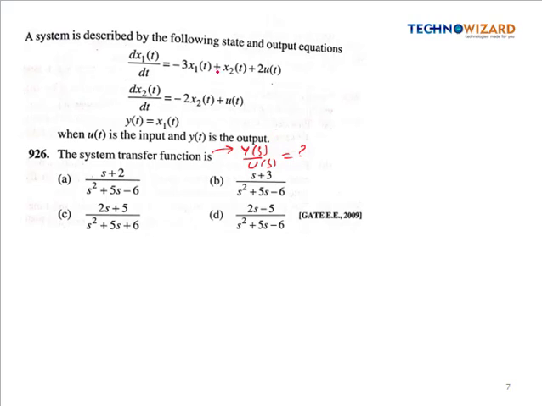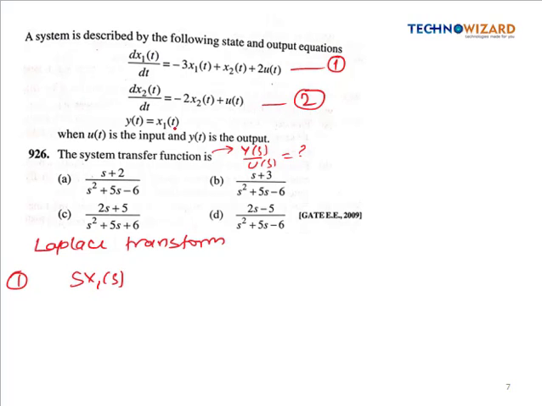Simply, this equation is of differential form, so we'll solve this by taking the Laplace transform. I'm denoting this as equation 1, this is equation 2, so solve equation 1 first. Taking the Laplace transform of equation 1, this will become s into x1 of s, as no initial condition is present, so this will be minus 0.